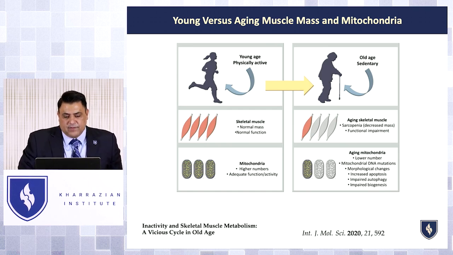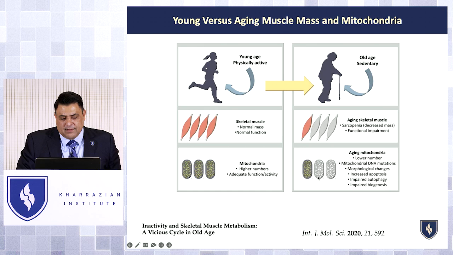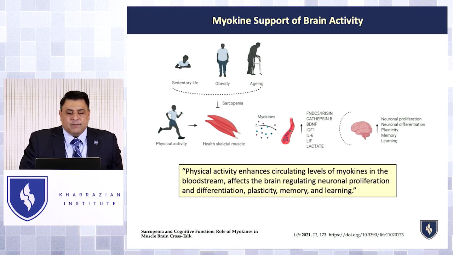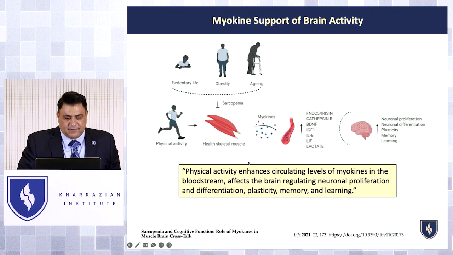So the key difference is, people who get sarcopenia with aging have a lack of skeletal muscle and less mitochondria. The muscle quality is compromised. Now, what's interesting is muscles themselves release myokines, proteins. So when people do physical activity and have more muscle mass, a series of proteins are released, like IGF-1, BDNF, even lactate.